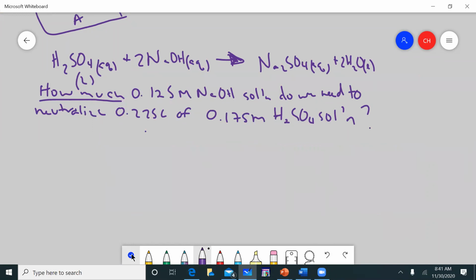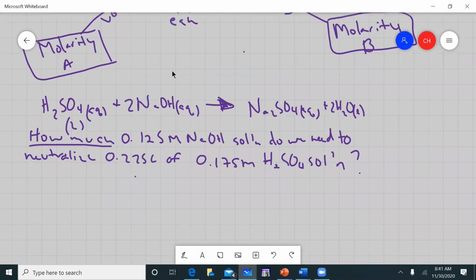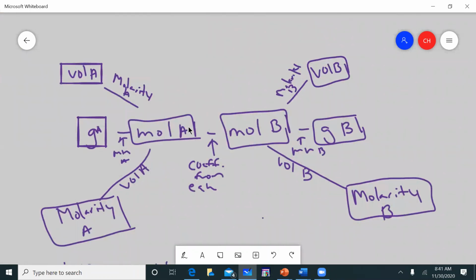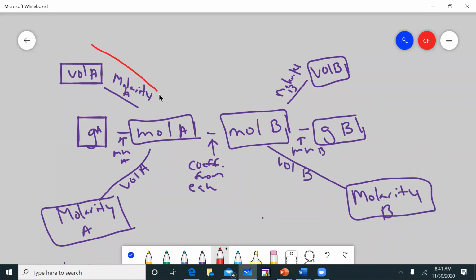So right off the bat, I'm going to be following this part of my flow chart for solution stoichiometry. So we're going from here down to here, over, and then back up.